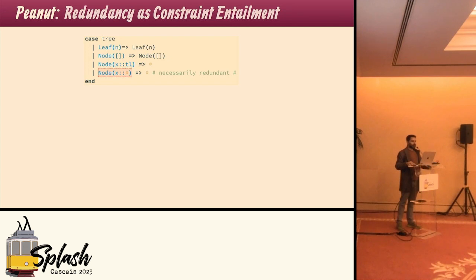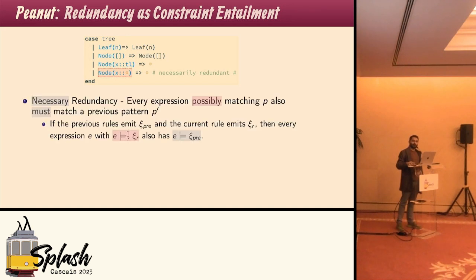Similarly, we can turn redundancy checking into the question of entailment between constraints. So for example, this necessarily redundant example from before. This one's a little more subtle, but it kind of makes sense. If you want to say that a pattern's necessarily redundant, then every expression that might match that pattern, possibly match that pattern, must necessarily match one of the previous patterns. That means it's redundant because you'd never reach it.